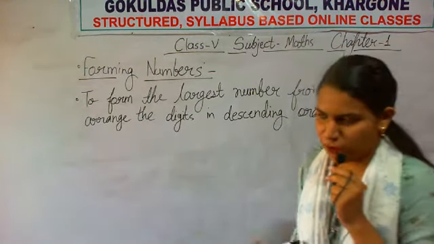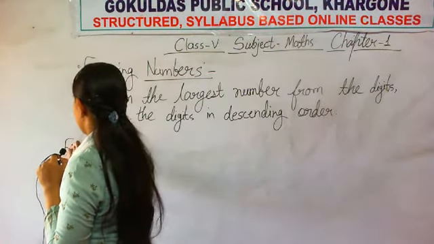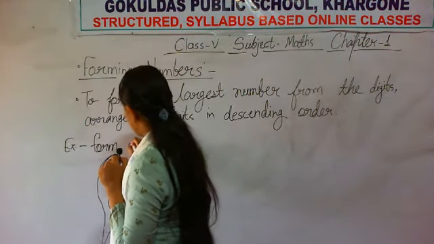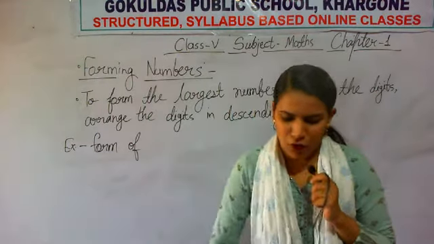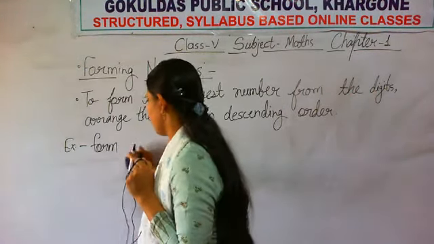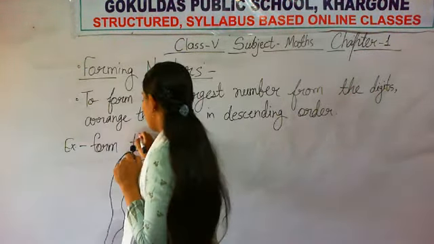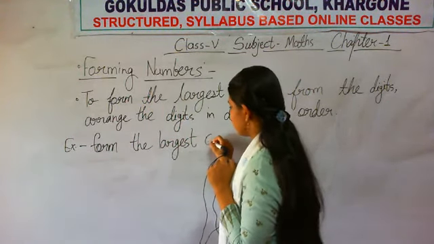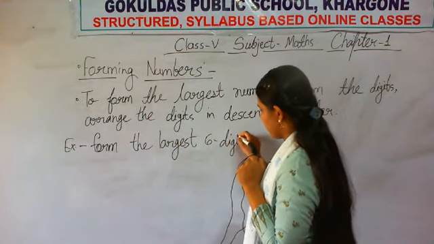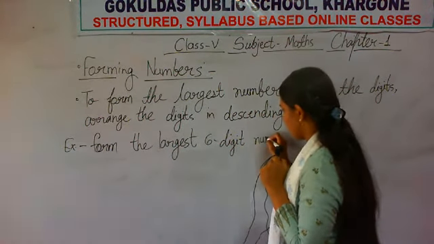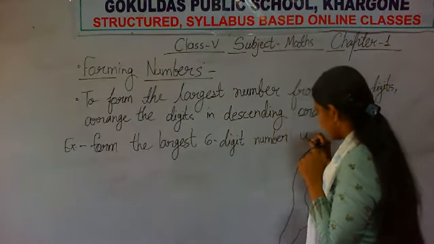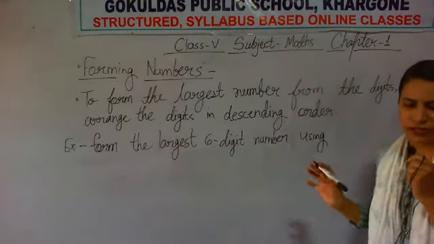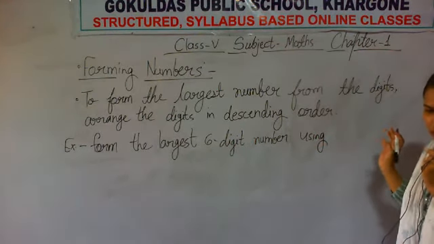Okay, let's take an example. Form the largest six digit number using some digits, which will be given in your question.